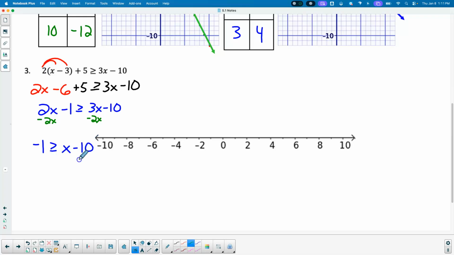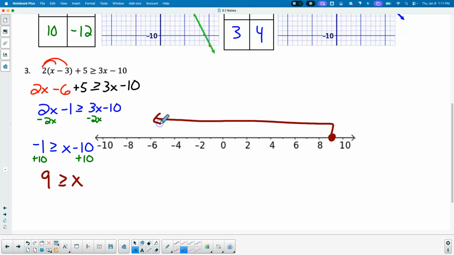We can add 10 to both sides, and I get 9 is less than or equal to x, which would be a closed dot at 9. And we want 9 to be the biggest. We want numbers smaller than that, so it will be going to the left. Questions about that one?